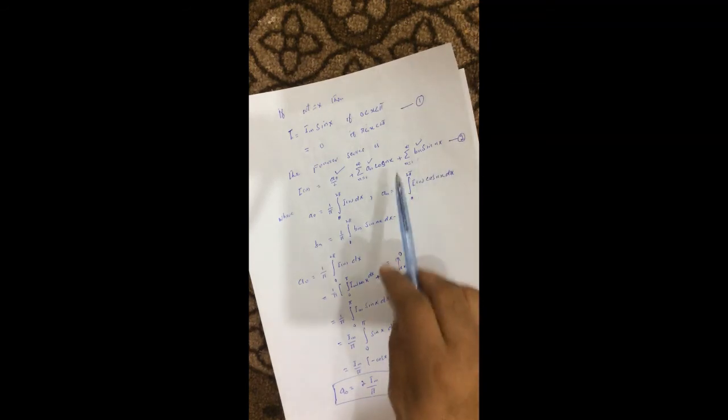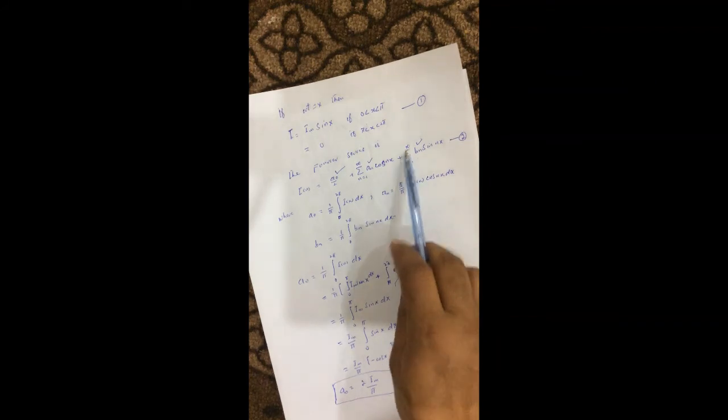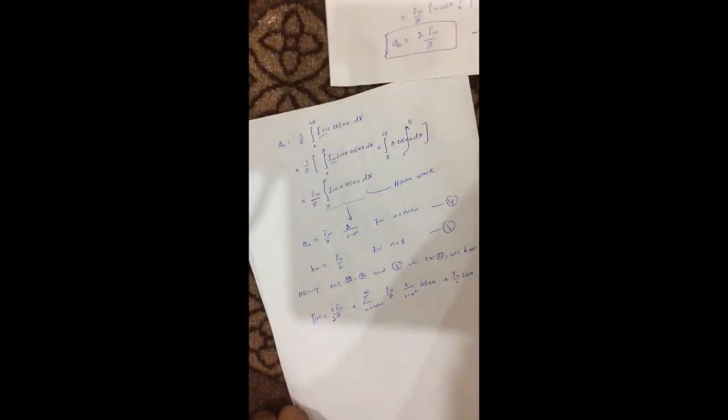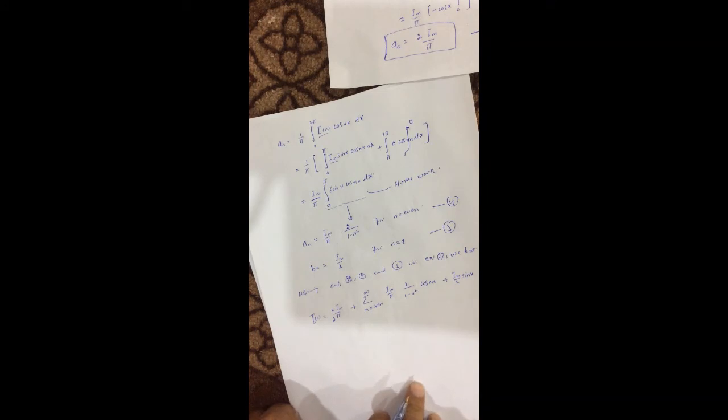For bn I will replace n. The summation is from n equal to 1 up to infinity. But for bn we get bn only for n equal to 1, otherwise it's 0, so we don't need summation here. So we will just write, instead of bn, Im over 2, and we have sin nx, but n is equal to 1, so I just call it sin x. So this is the final expression now.